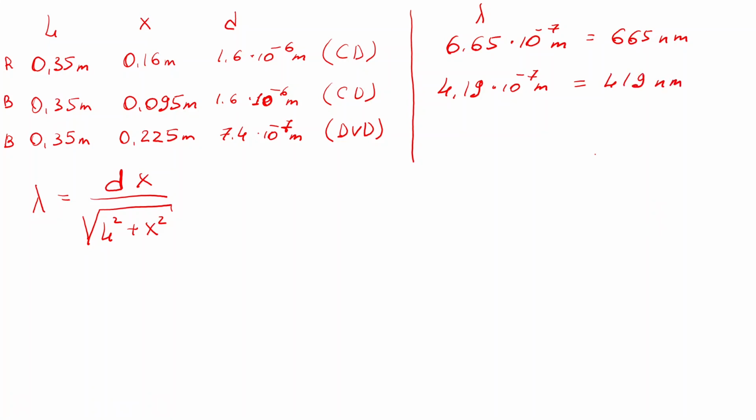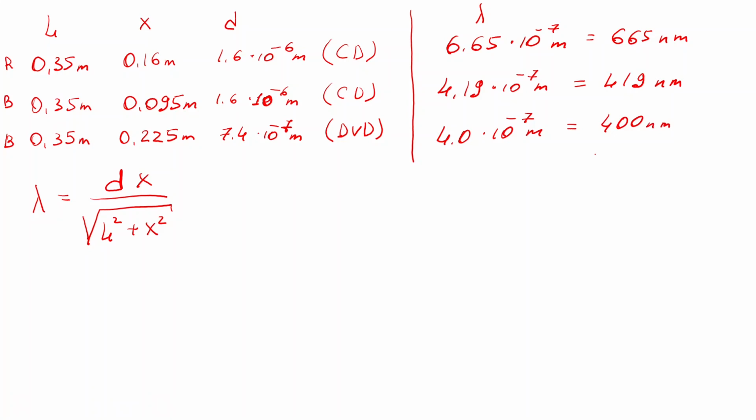And for the same light source, the same blue laser, the wavelength determined with the DVD diffraction grating was 4.0 × 10 to the minus 7 meter, and that is 400 nanometers.